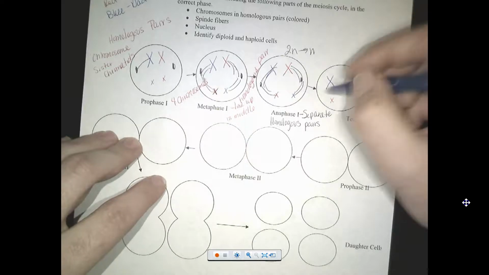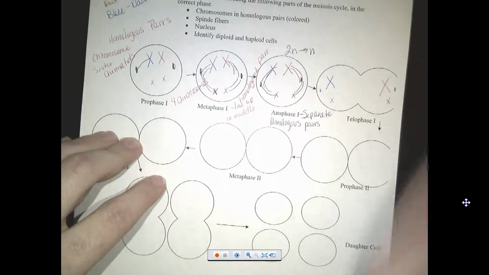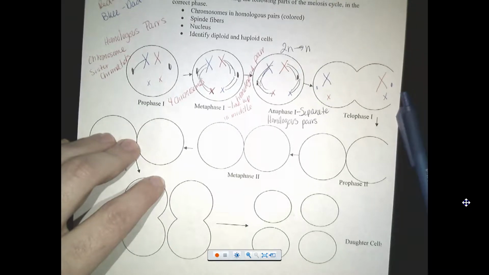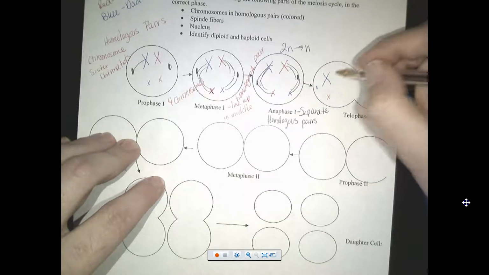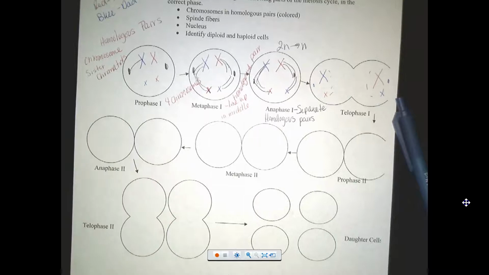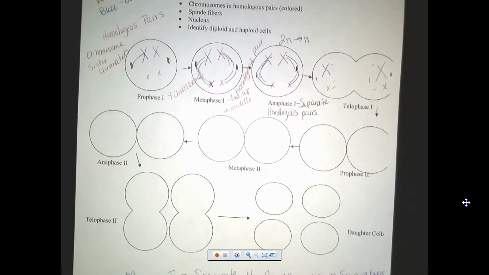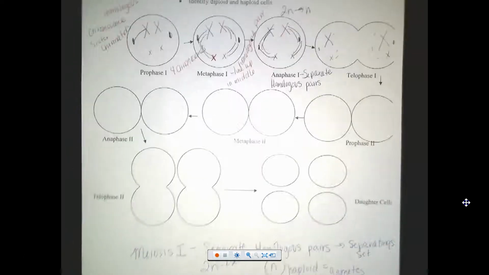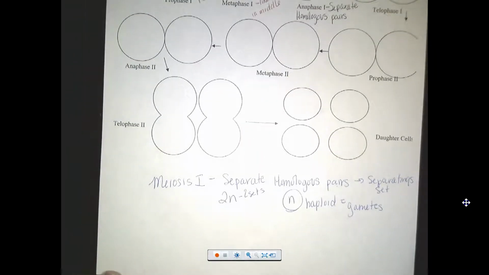So once we're here in telophase, again, the same stuff happens. Our centrioles start to break down, spindle fibers start to break down, nuclear envelope begins to kind of reform, but it doesn't form fully. Okay, so that's the end of meiosis 1. So after division, what stage should happen next? If after M phase, what should happen next? Not prophase. We should have interphase, right? We should go back to our cell doing its normal function.